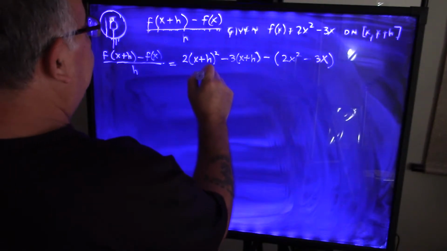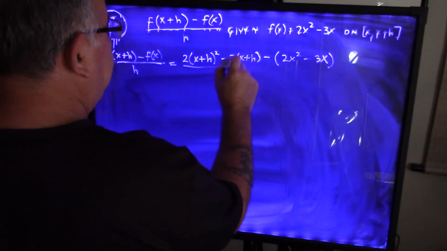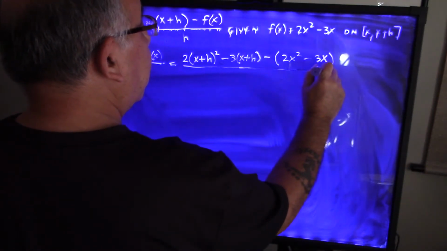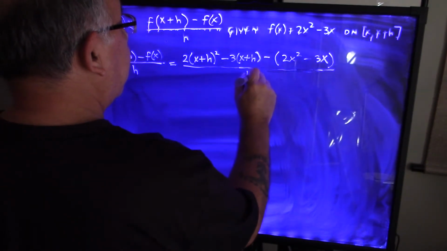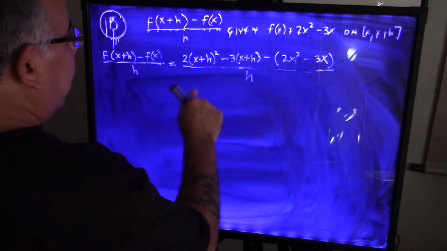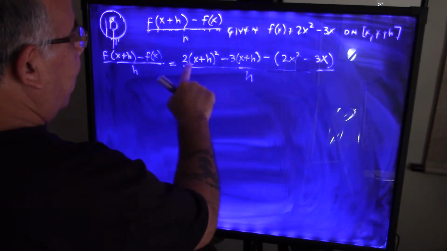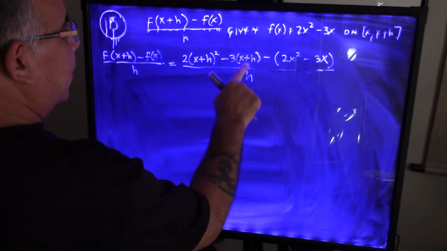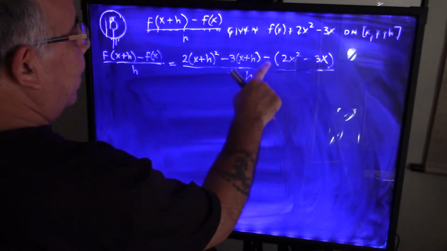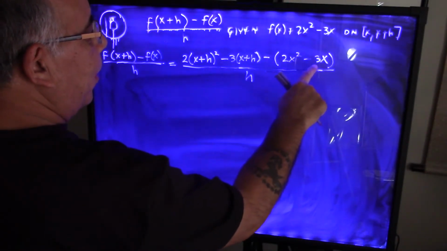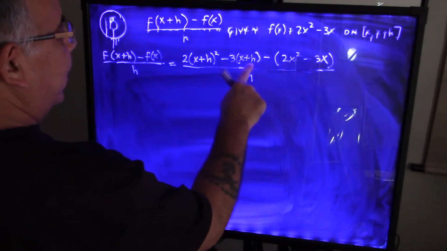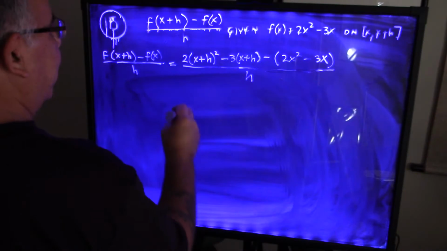Alright, and that's all over h. So these two terms here are f of x plus h. And then you're subtracting, and this part right here in the parentheses is f of x. So you've got f of x plus h minus f of x over h.